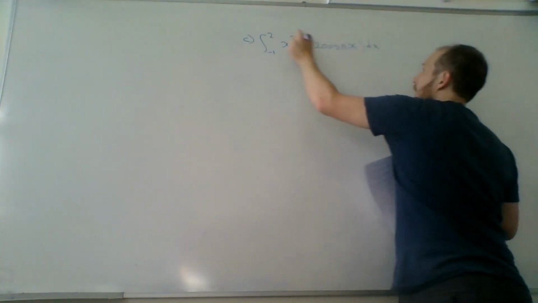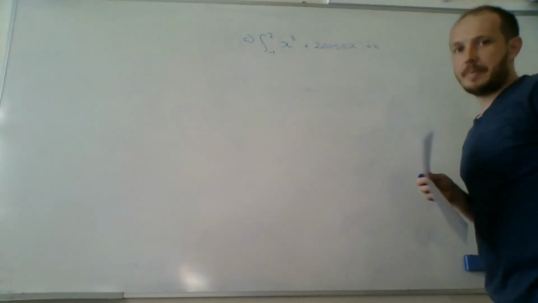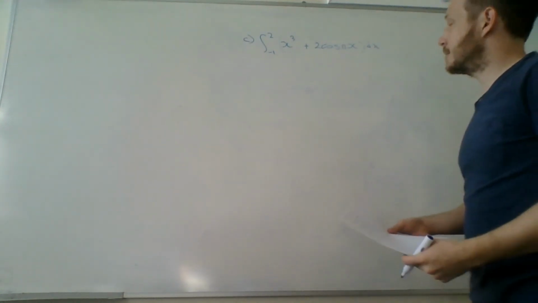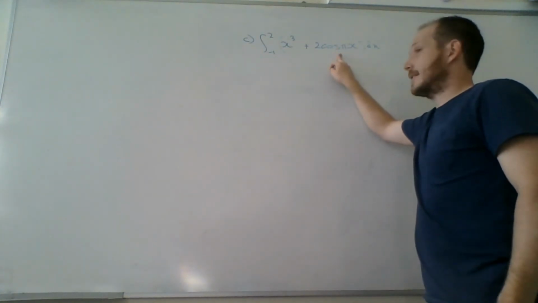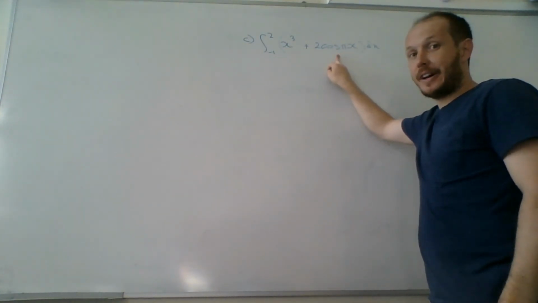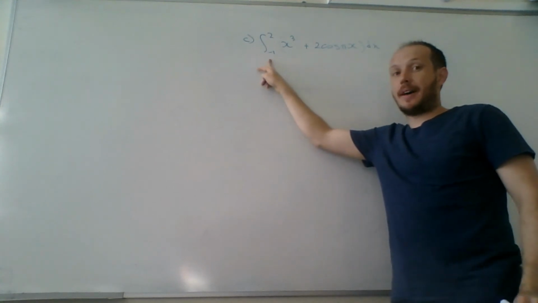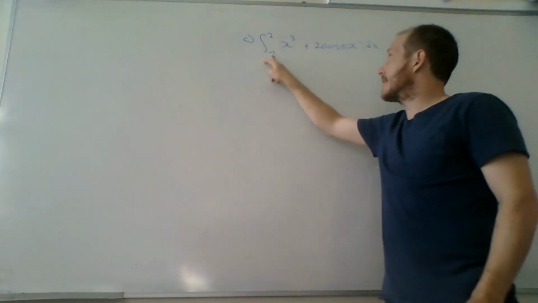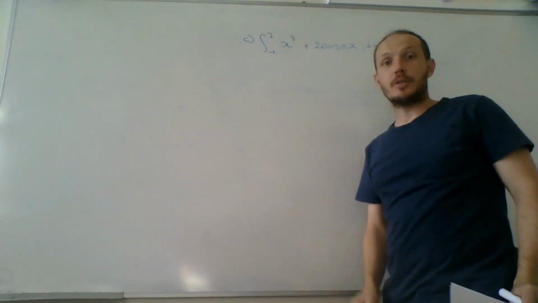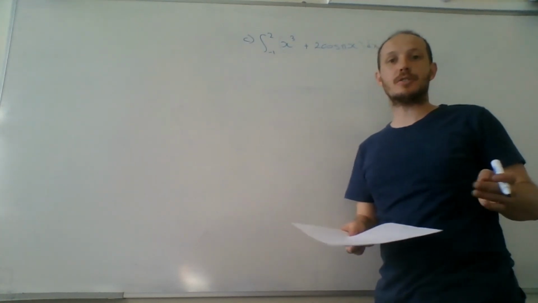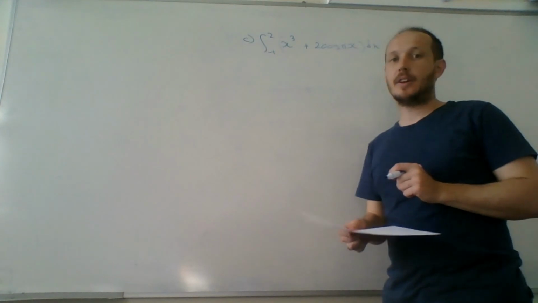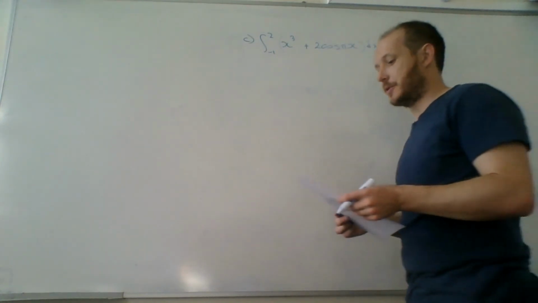Now, this time, because this question is about odd and even functions, you might be tempted to say, oh, this is odd, and this is even. However, you need to check your bounds here. So this is actually from -1 up to 2. So because the bounds are not equal on either side, you cannot use the even and odd properties. So we're just going to have to integrate this one normally.